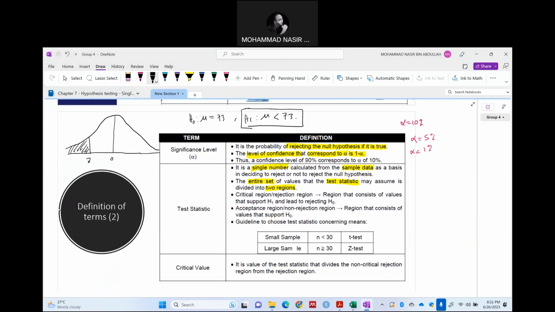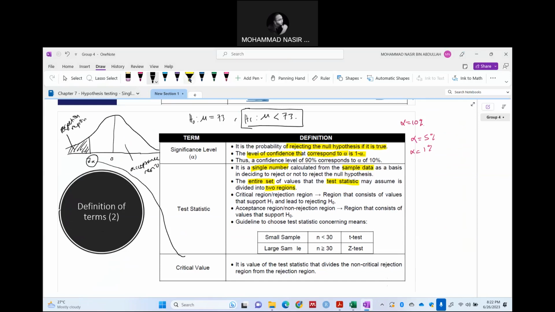So this is Z alpha, right? So Z alpha is a threshold, a line that divides between rejection region and acceptance region. So this is rejection region, and this is acceptance region. So Z alpha is known as critical value.